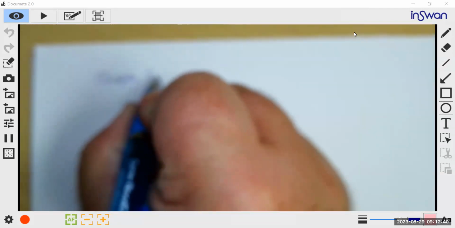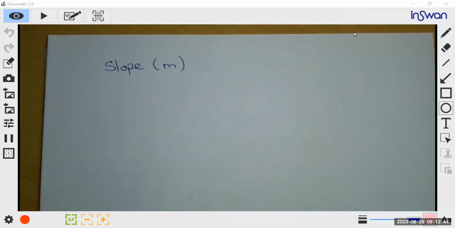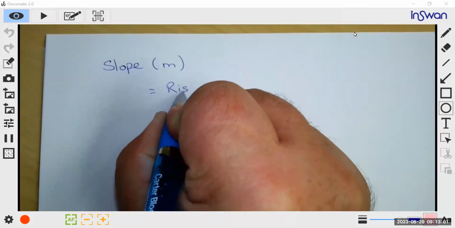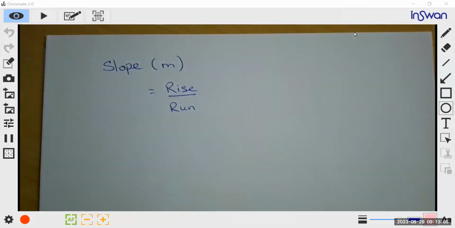Slope. We use the letter m, little m, to represent the slope. How would you define slope in words? Very good. Rise over run. That's the typical definition people give, but it's not accurate.